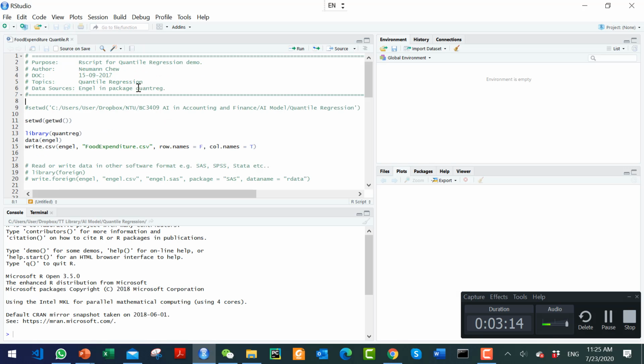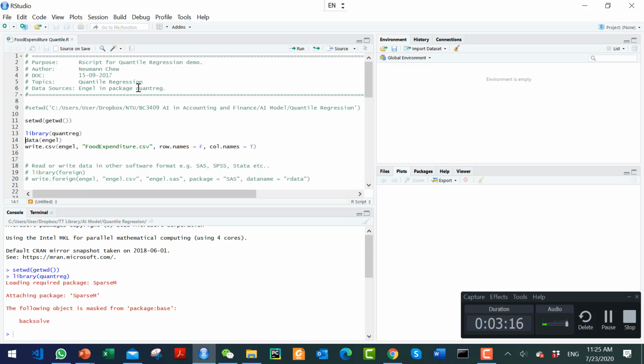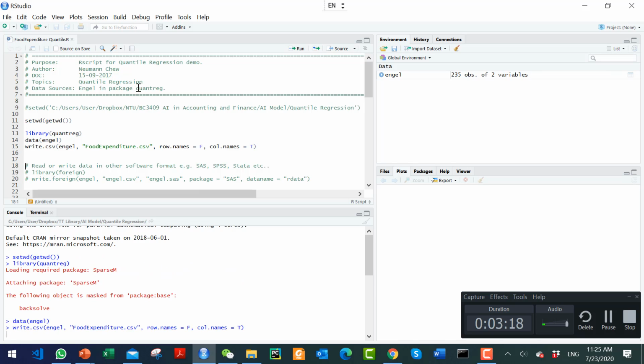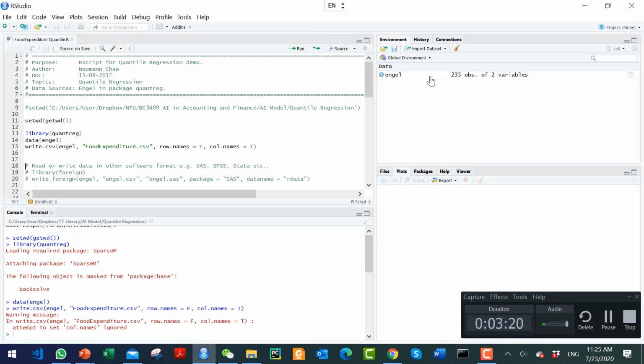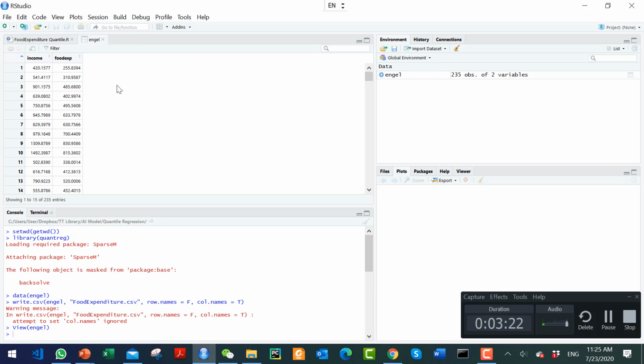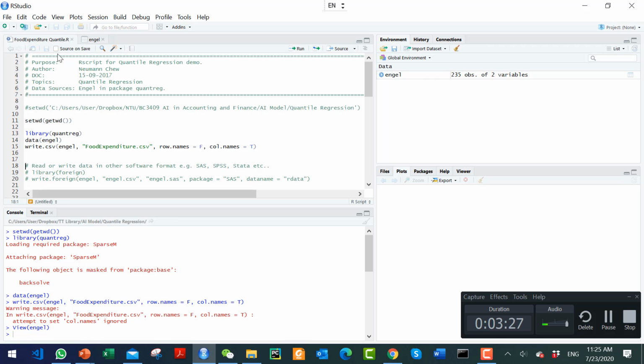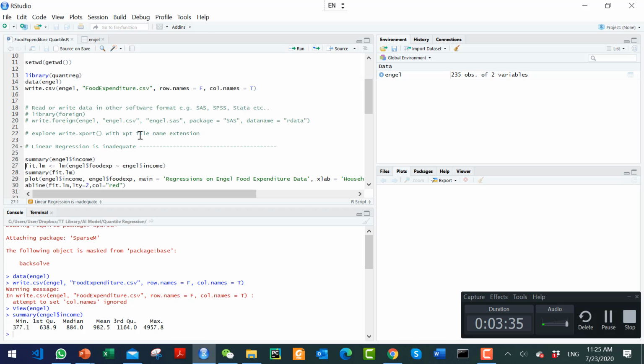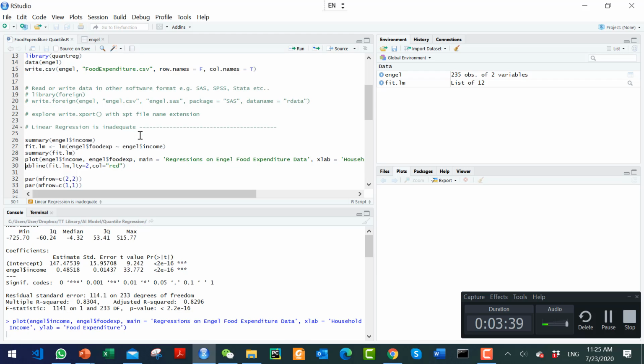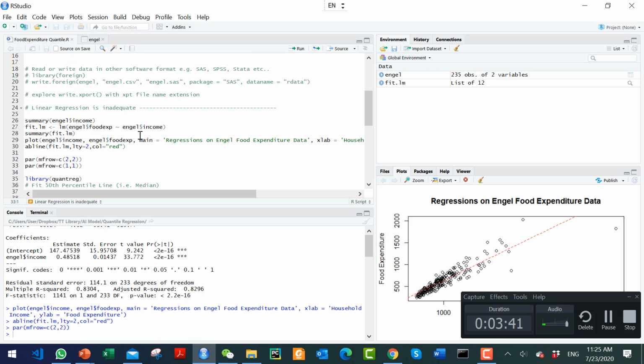The data is on income versus food, 235 observations. By right, the higher the income, the more you spend on food. But the problem is at higher income, you may want to go to fine dining, etc. It's even steeper, right?